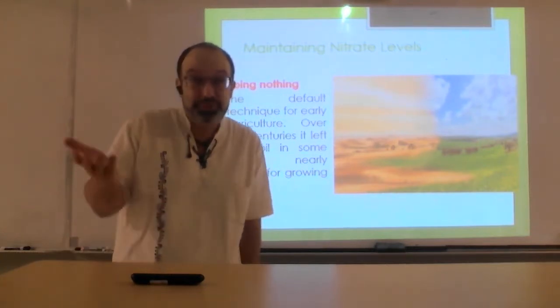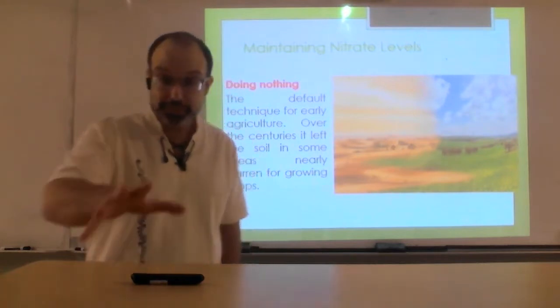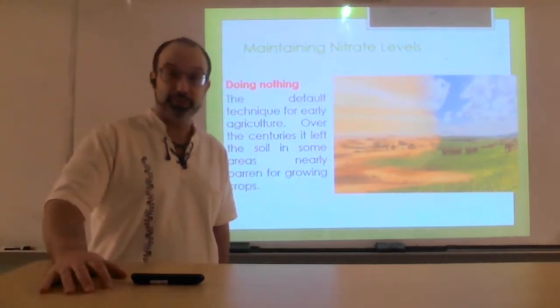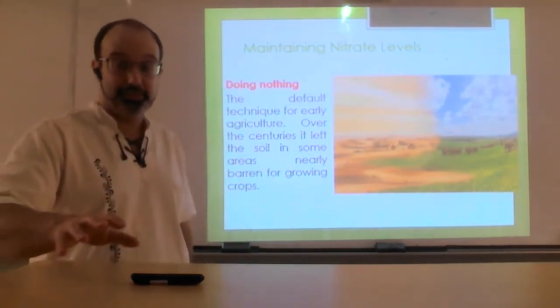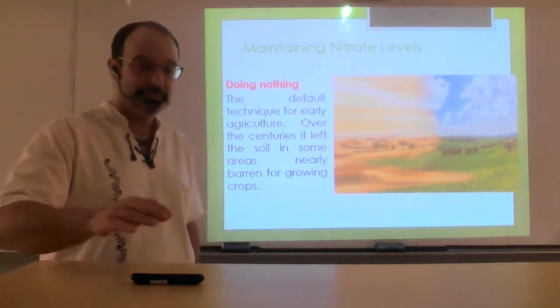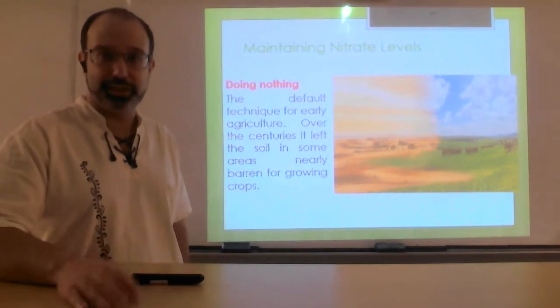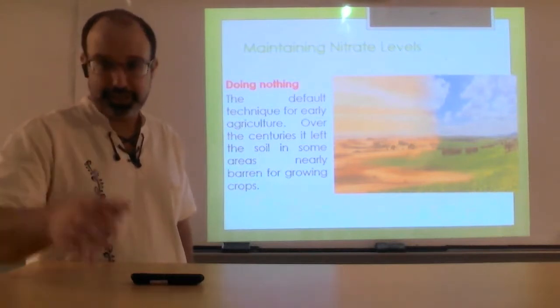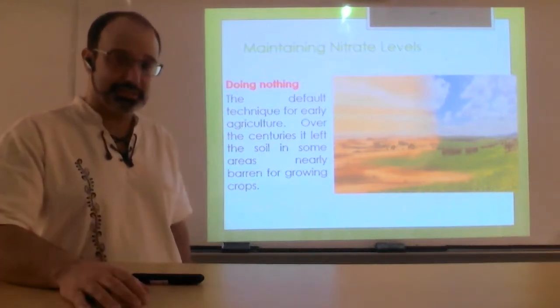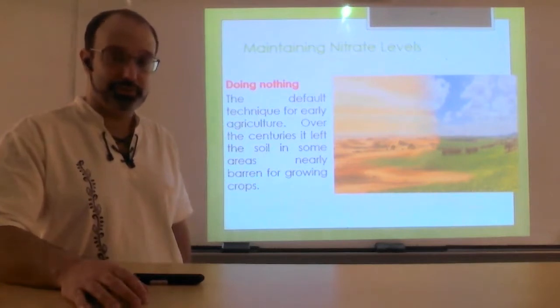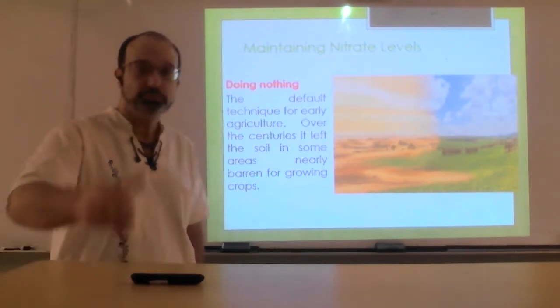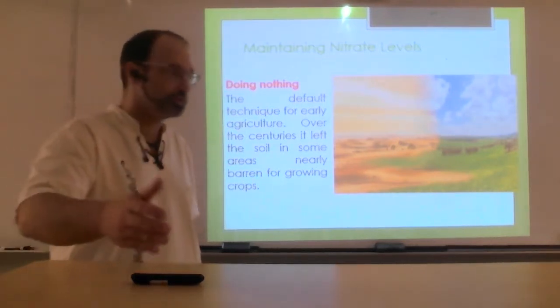The original locations that we figured out farming were the Middle East, in what is known as the Fertile Crescent, Egypt, the Nile Valley, and the Indus River Valley in India. Those are the 3 places that we were able to figure out farming initially. China also picked it up there, northern Chinese plain.